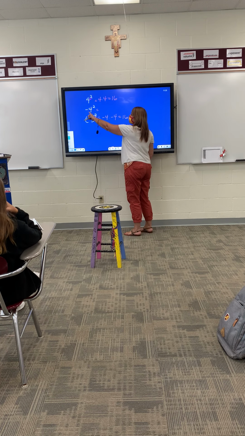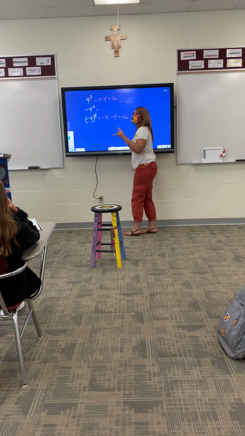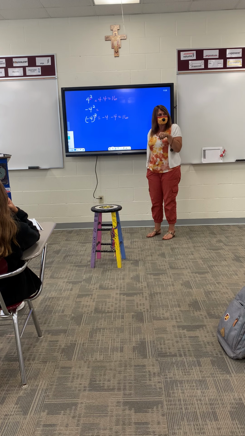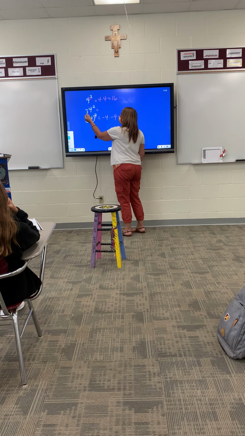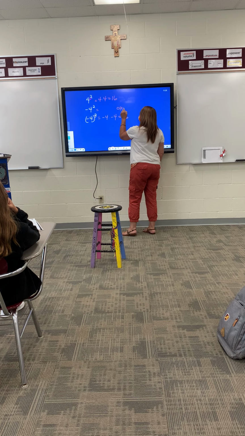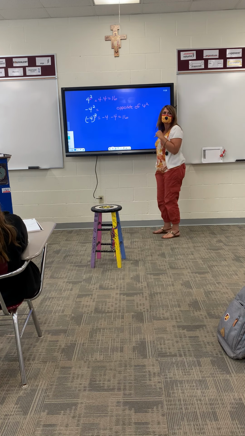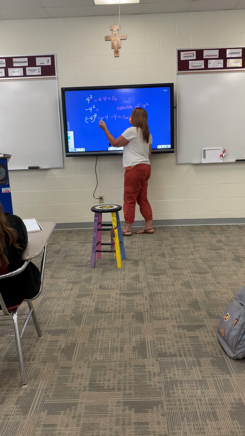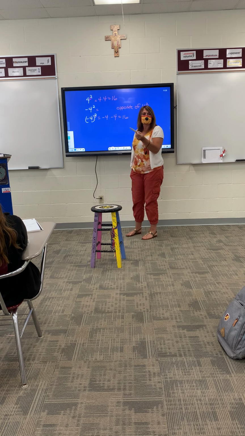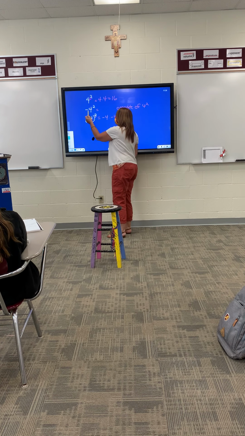This one doesn't say that. There's no parentheses. Even though it looks like it's stuck to it, it's not. This says the opposite of 4 squared. Okay, because once again, if I go back to my order of operations, exponents come before this symbol.